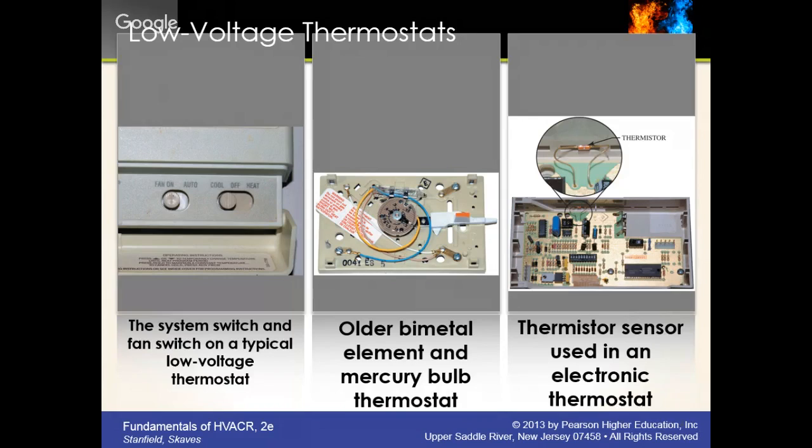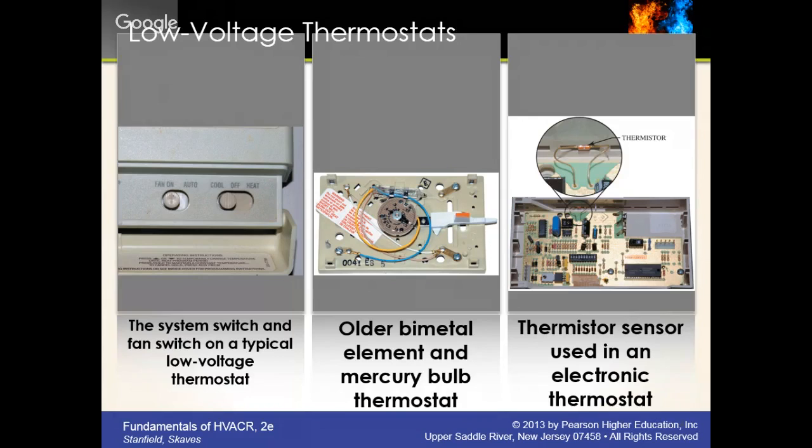A bimetal coil is made of two different types of metal bonded together, right? And they're going to expand or contract due to the heat. And as they expand and contract, they will move this, allowing the mercury to make the circuit inside of the bubble, right?